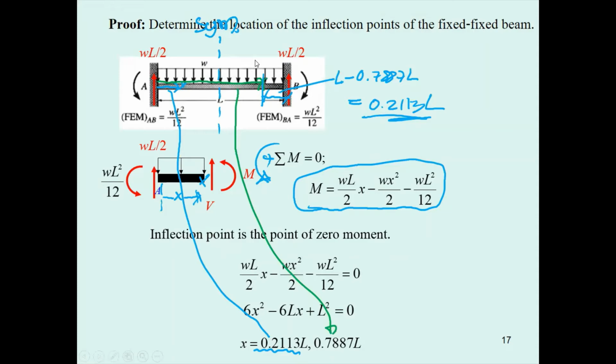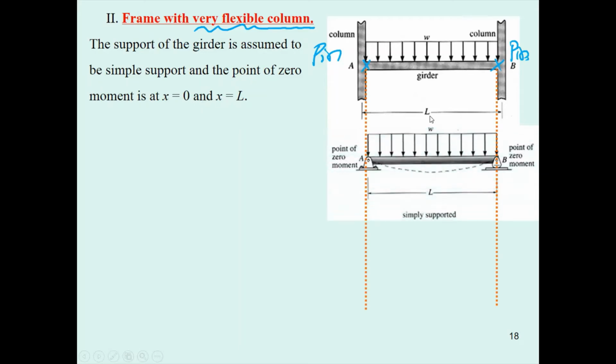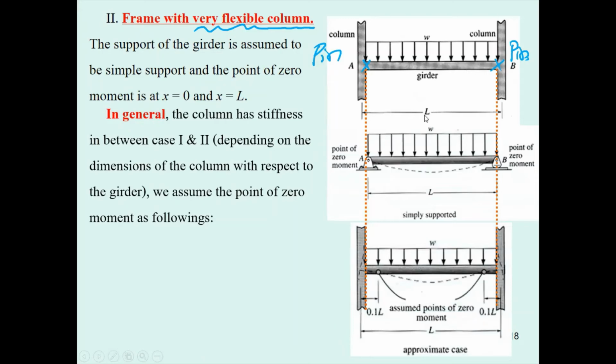Okay, and now there is another end of this, when the column is very, very flexible. You can assume this portion as the pin. Then the inflection point for 0 moment will occur at X equal to 0 and X equal to L. And in the real world, the column has some stiffness between case 1 and case 2.